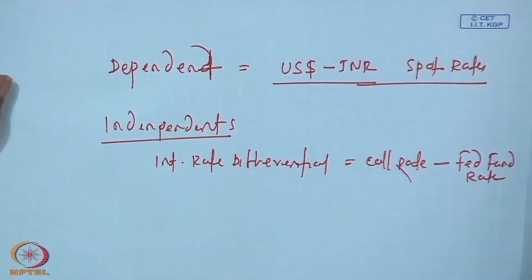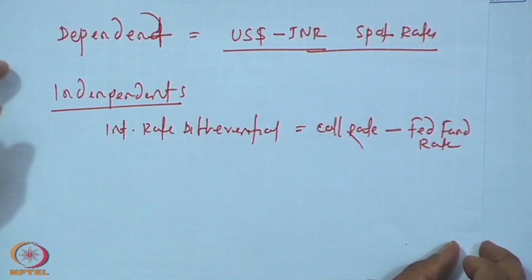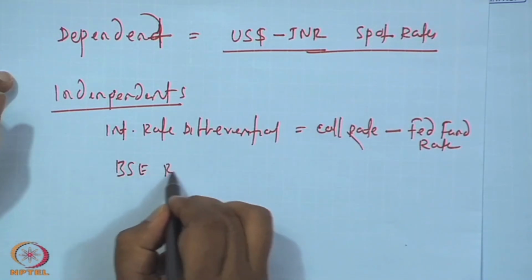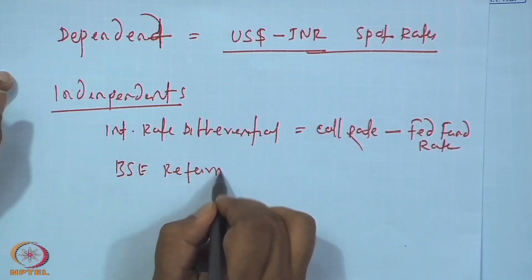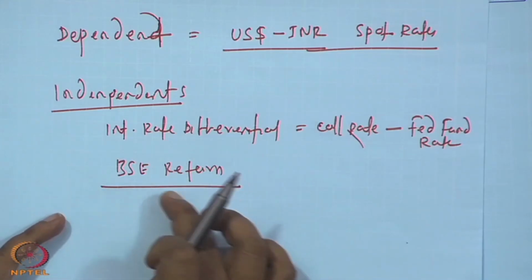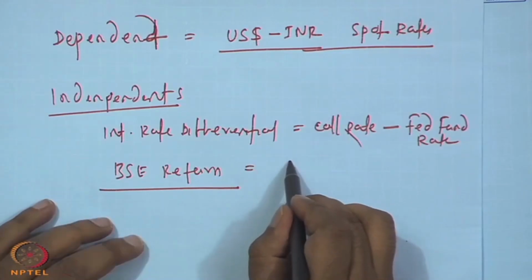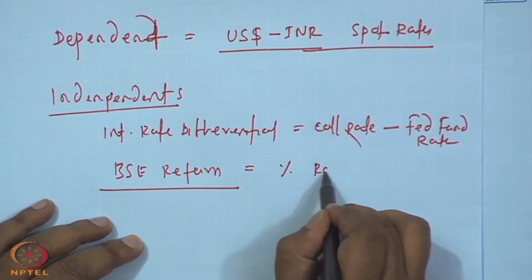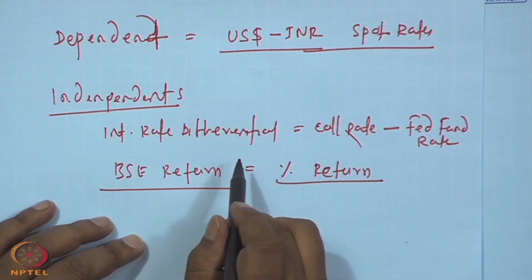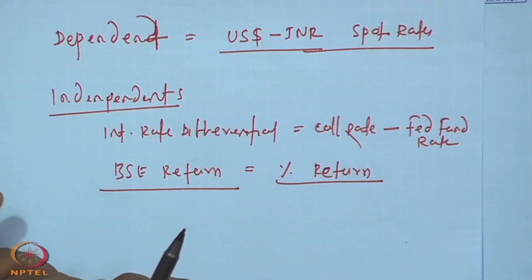Similarly, I have other variables also. My other variable here is the BSE return. BSE is the Bombay Stock Exchange, and return means percentage return. Why will the Bombay Stock Exchange influence the foreign exchange market?